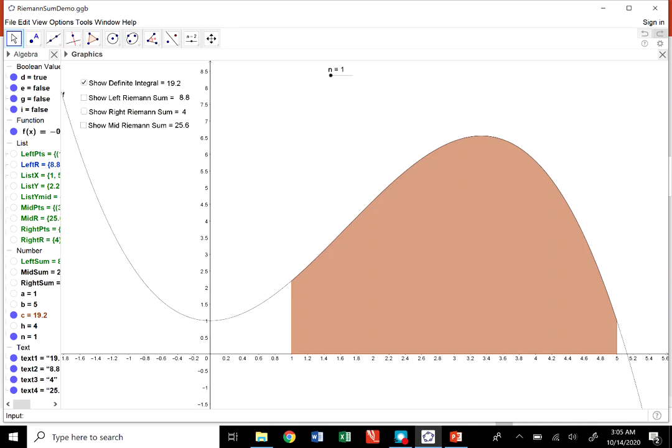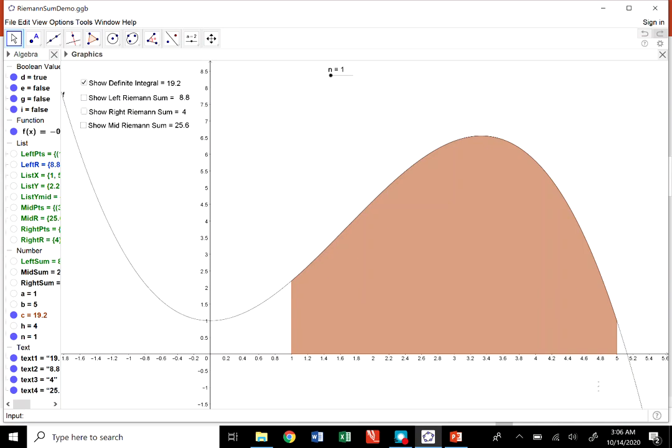Suppose our desire is to find the area under this curve. We have this function f of x, the graph of y equals f of x, on this interval a to b. In this case a happens to be 1 and b happens to be 5, but we could make it any general interval a to b.